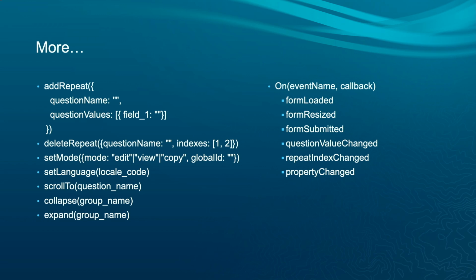But sometimes you want to reuse the existing survey data and have someone update the answer based on the existing answer and then submit a new one. So you can use the copy mode to do that.